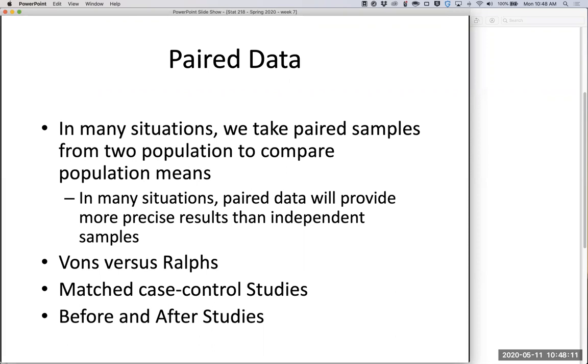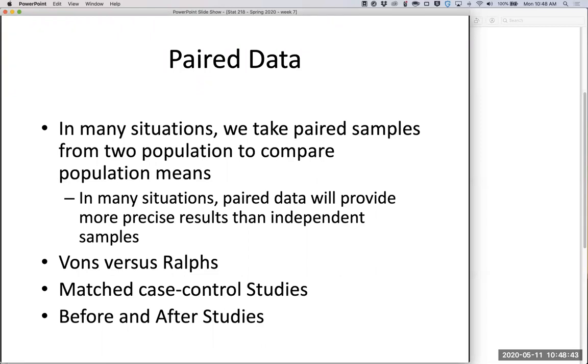Similarly, years ago, I was comparing my local grocery store options, Vons and Ralph's. In SLO, you still have that option, but in Los Osos, where I live, it's Ralph's and Grocery Outlet now. But if I was in San Luis, I could go to Vons or to Ralph's, and I would think the best way to compare the two grocery stores would be to go and, on the items that I buy, get the price on those commonly purchased items at both stores.